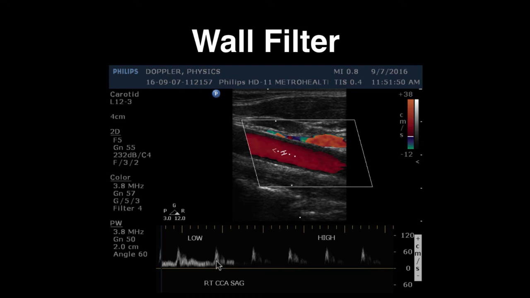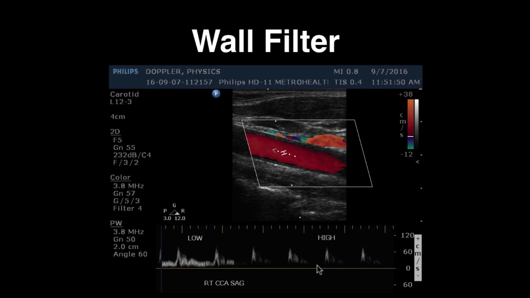And that's exactly what happened here. Here we have a low filter setting, and you can see the expected waveform of the common carotid artery that we're interrogating. But now notice, as we increase the wall filter from medium to high, that we lose all these low to medium velocity signals.